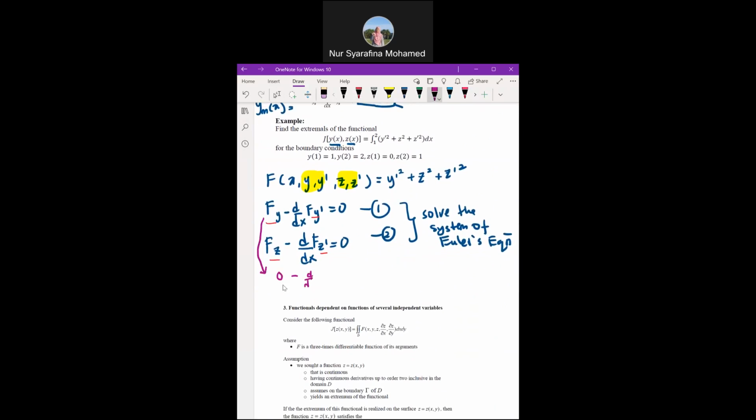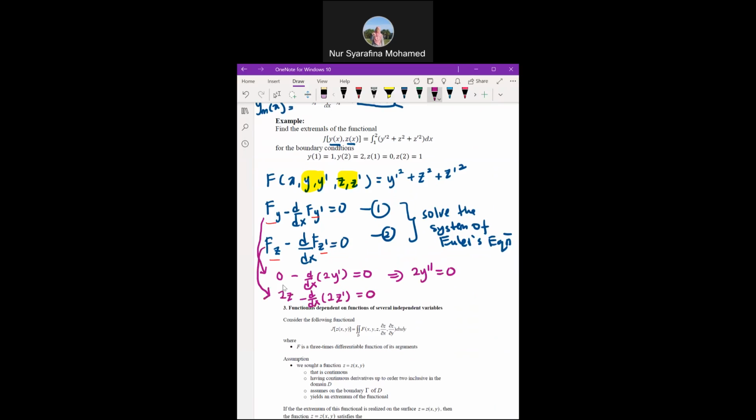And then our fy prime is 2y prime; differentiating 2y prime gives you 2y double prime equals 0. Then another one, fz here equals 2z, and then minus the derivative of fz prime, 2z prime, equals 0.